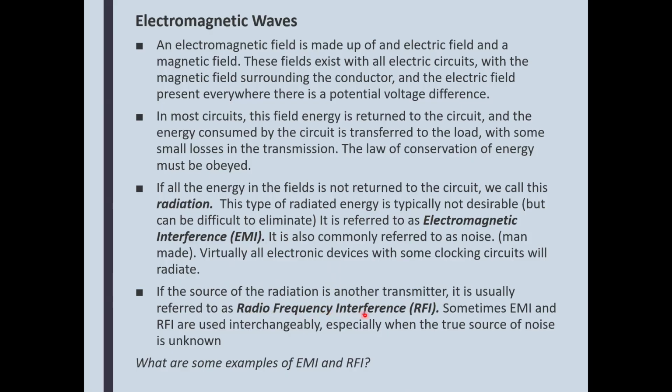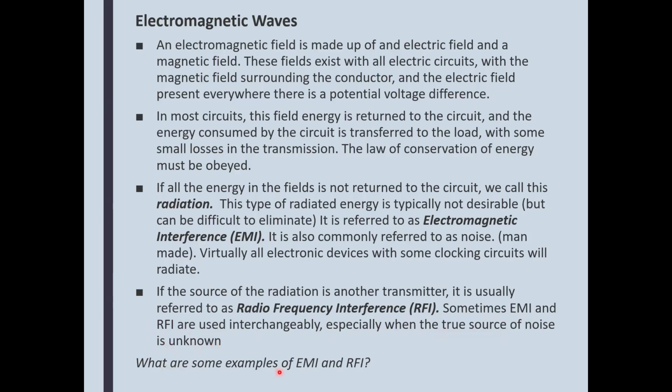Both of them are interferences, but one is electromagnetic, EMI, and the other is RFI, radio frequency interference. Sometimes EMI and RFI are used interchangeably, especially when the true source of noise is unknown.